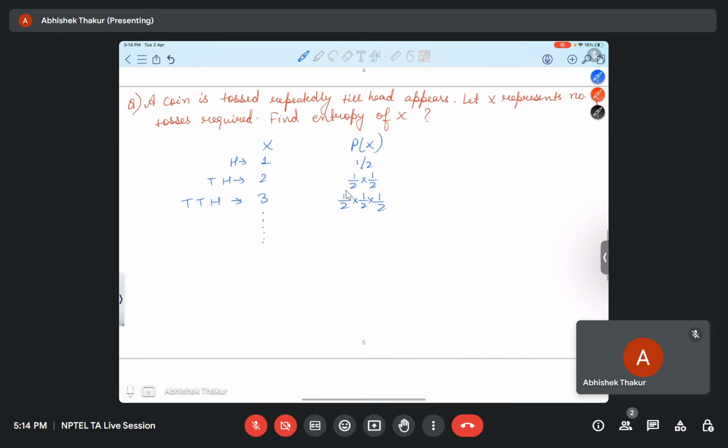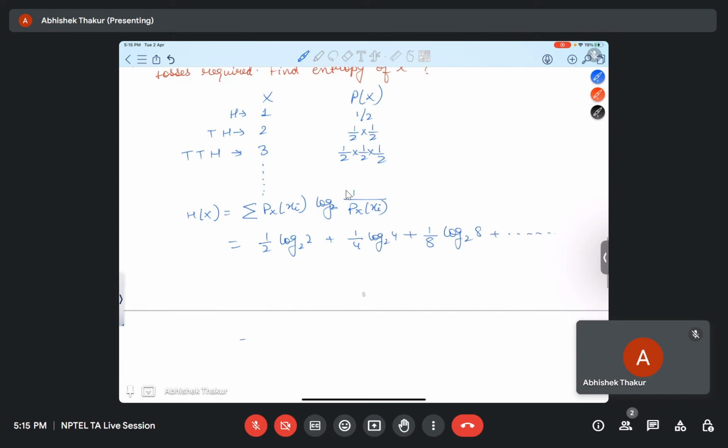So the entropy will be the summation of p(xi) log base 2 of 1 by probability of xi. Okay. So this can be written as 1 by 2 log base 2 of 2 plus 1 by 4 log base 2 of 4 plus 1 by 8 log base 2 of 8 and so on.